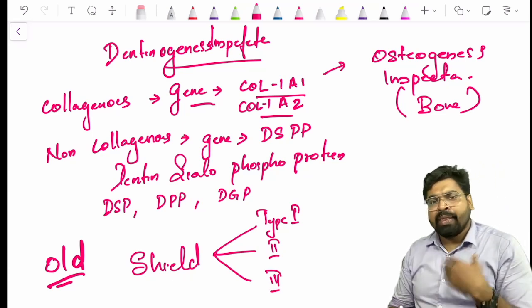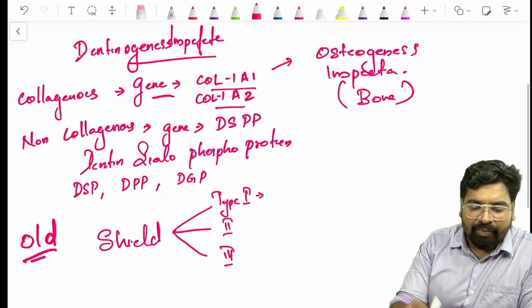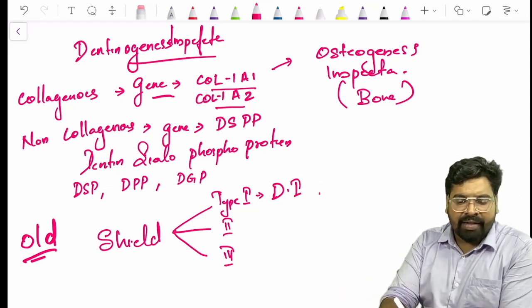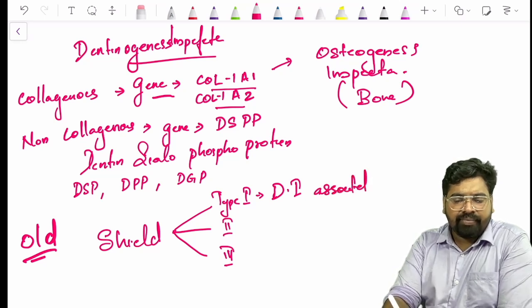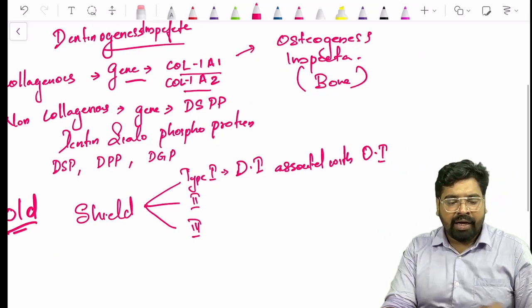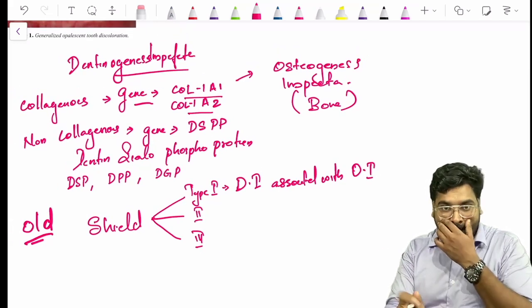According to Shield, type 1 dentinogenesis imperfecta is the one seen in association with osteogenesis imperfecta. So according to him, dentinogenesis imperfecta and osteogenesis imperfecta come together. That is Shield type 1.